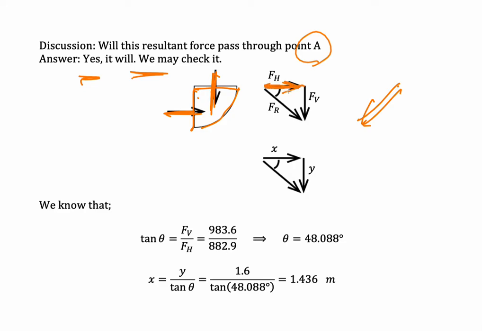This is the horizontal and this is the vertical, and then we could calculate the resultant force. According to this triangle, we could calculate the tangent of theta at this angle, and it is equal to 48.088 degrees.